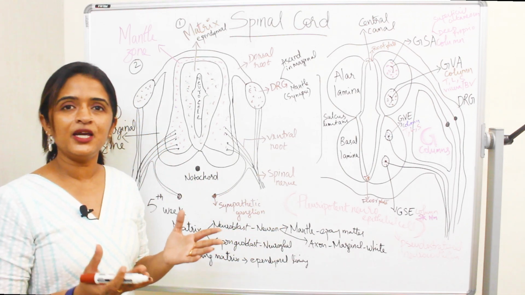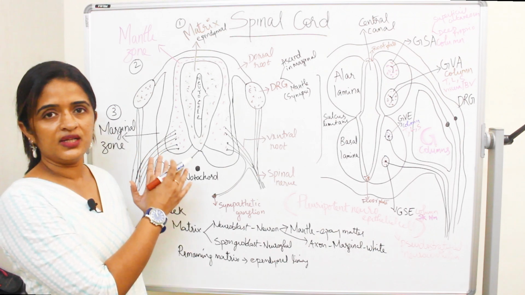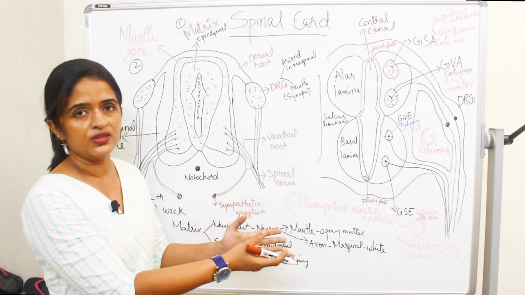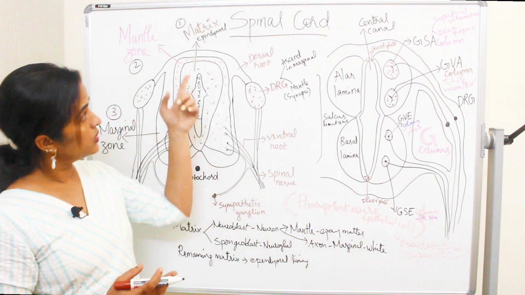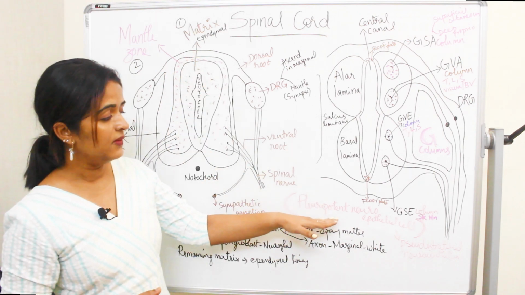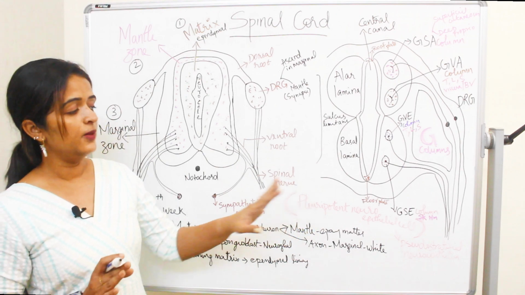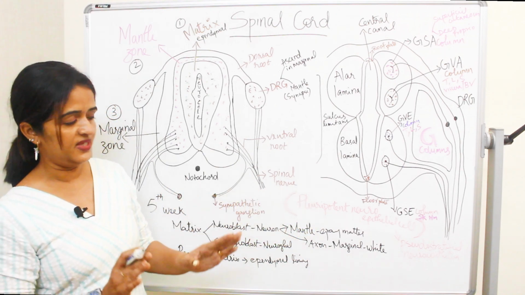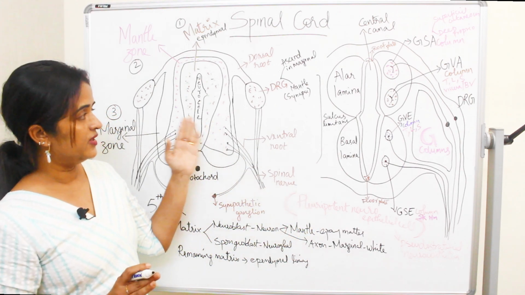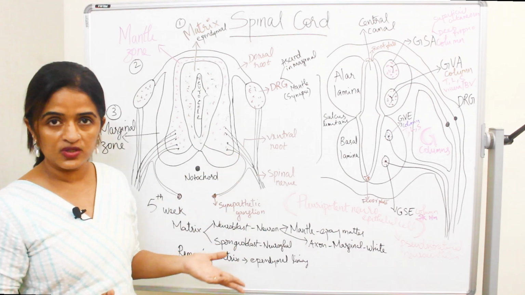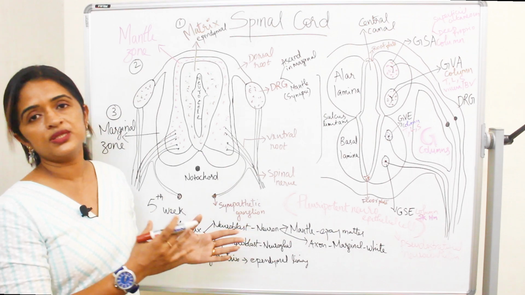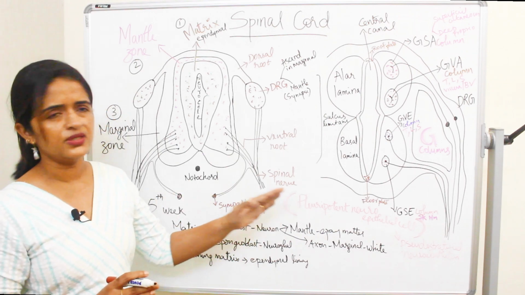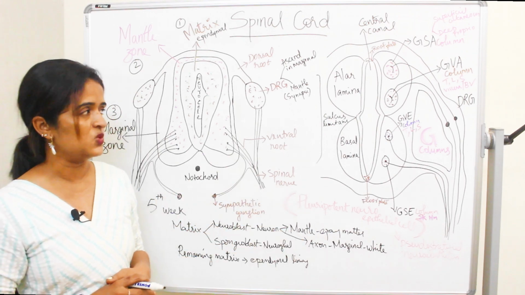So ultimately, the classical theory comes into existence, but the only difference is that according to the new theory, there is no matrix zone; it is just made up of pluripotent neuroepithelial cells, and the different zones which we see are not actually zones, they are the interkinetic migration of these neuroblast cells. So that is just an additional point for the postgraduates.